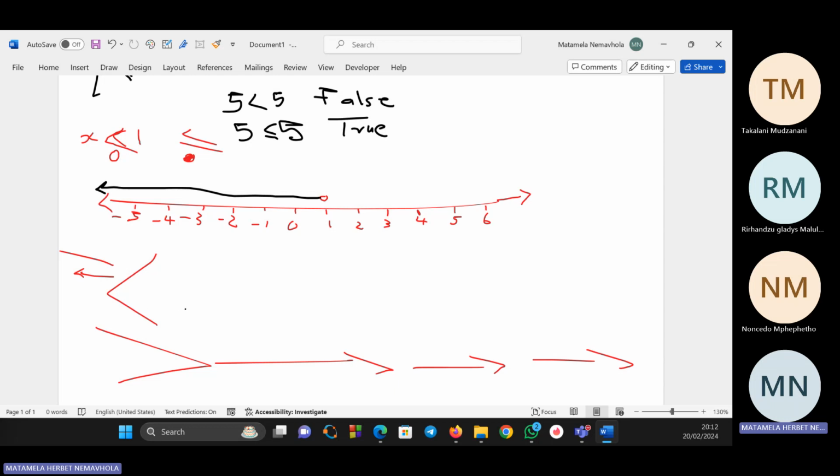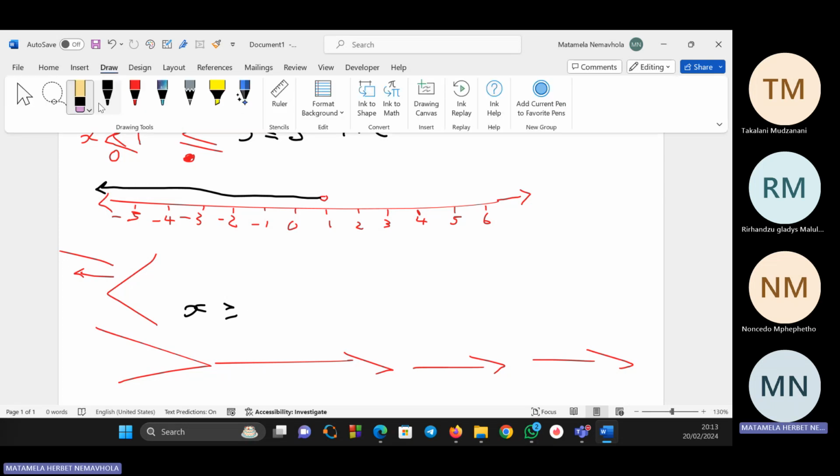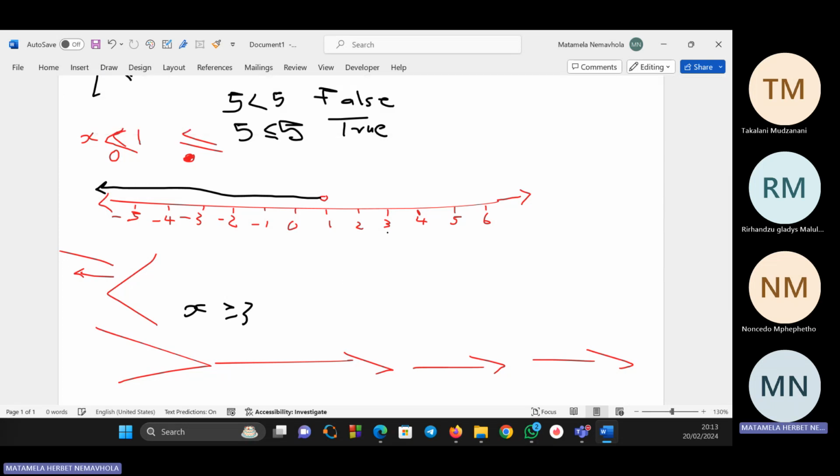If I have to draw x is greater than or equal to 3, when we use a number line, we start at 3 there.